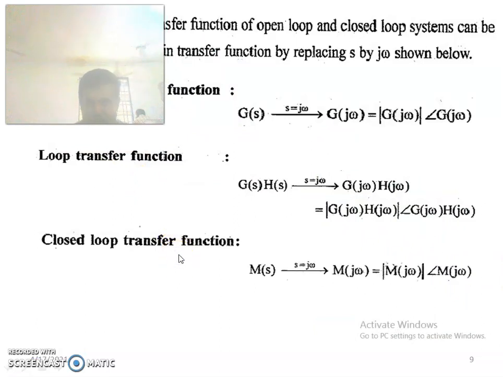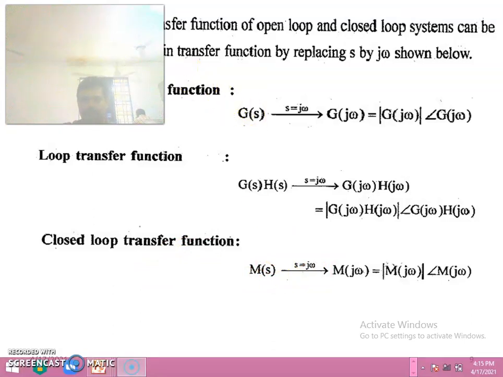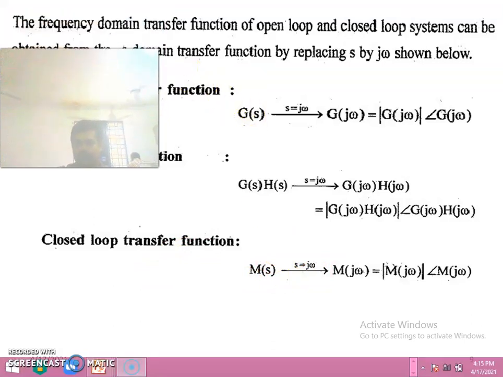The closed loop transfer function is C of s divided by R of s equal to G of s divided by 1 plus G of s H of s, which we take as M of s. In this M of s, if you substitute s equal to j omega, you will get the frequency domain transfer function.